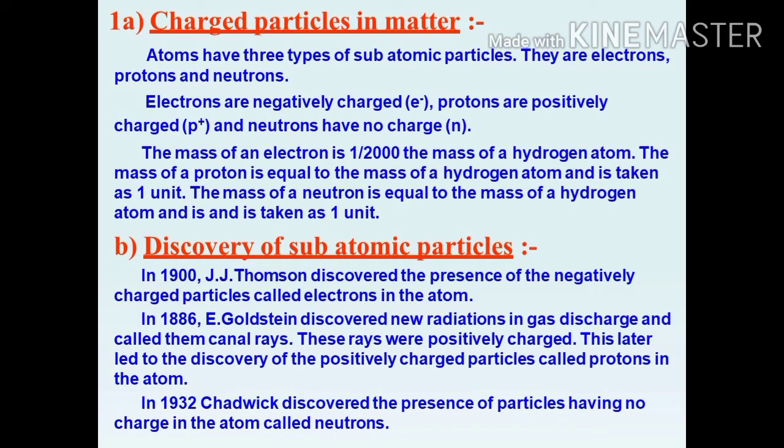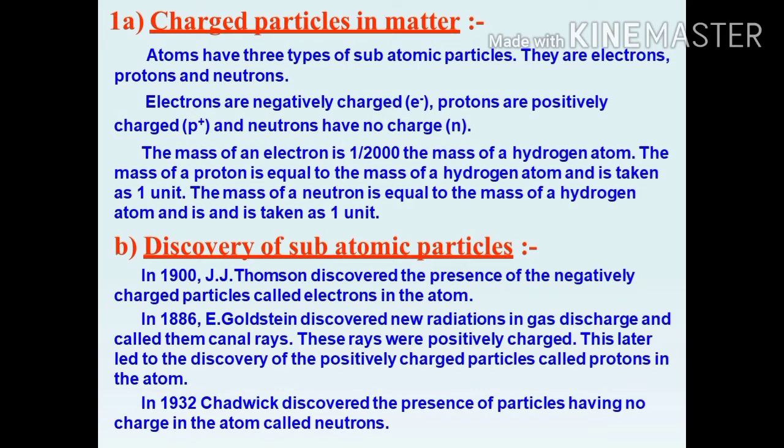Last class I told you the atoms are made up of three subatomic particles. They are electrons, protons and neutrons. J.J. Thomson discovered electrons. The electrons are negatively charged. It is represented as e minus.